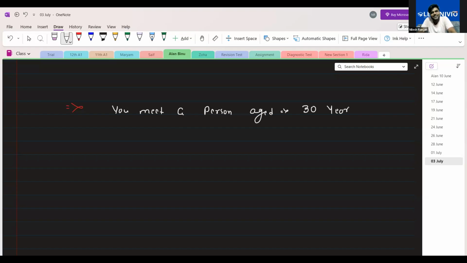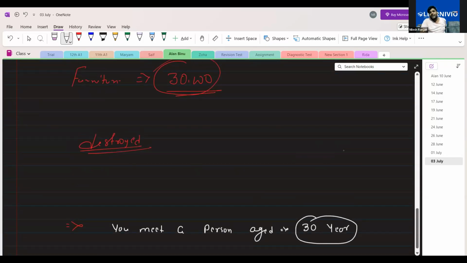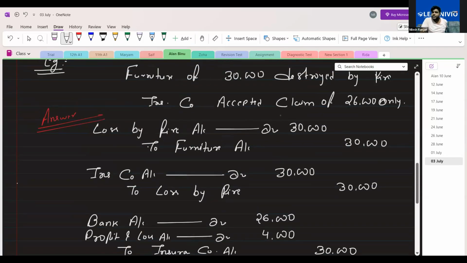So if you meet any person at this age, it doesn't mean he didn't cross these age marks. That is why I'm saying that there are different steps we have to follow and we cannot ignore any step. So if you have the information about acceptance of claim, then you cannot ignore the first two steps.